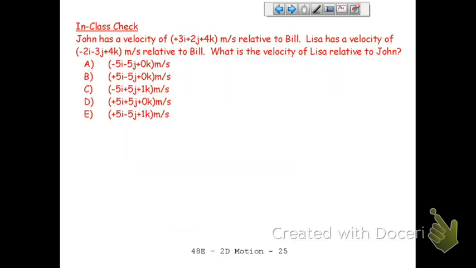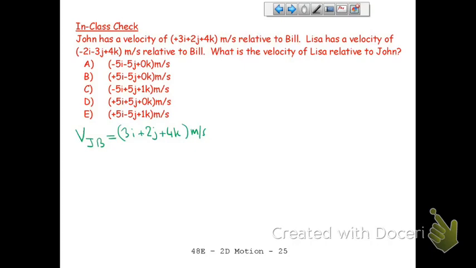So John has a velocity relative to Bill. So V, John relative to Bill, is equal to 3I plus 2J plus 4K meters per second.